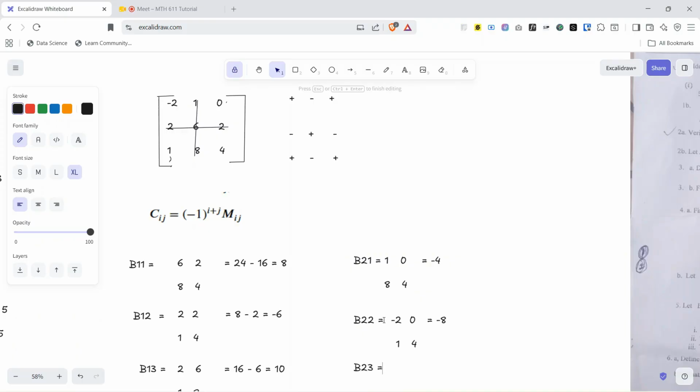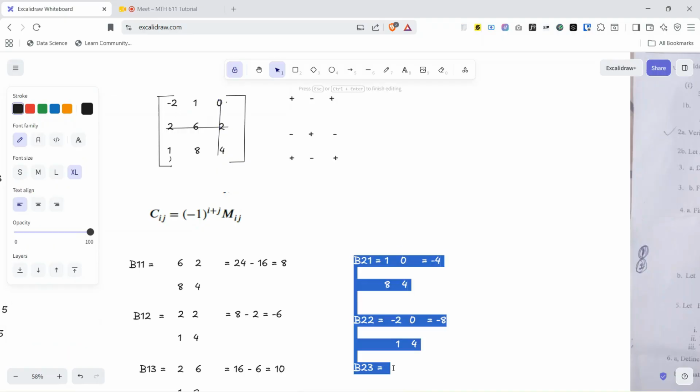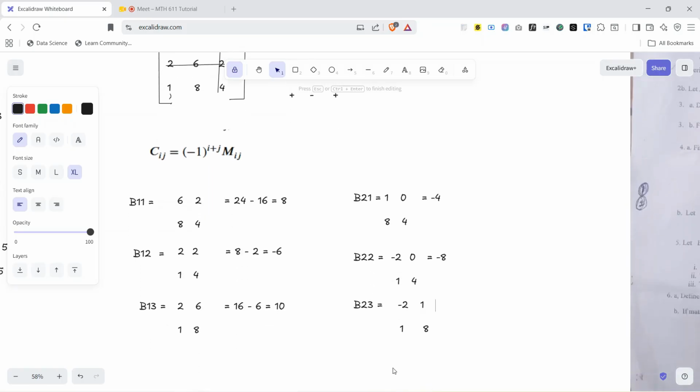B23 will be equals to the determinant of minus 2 1, 1 8. So this will now be equals to minus 2 times 8.